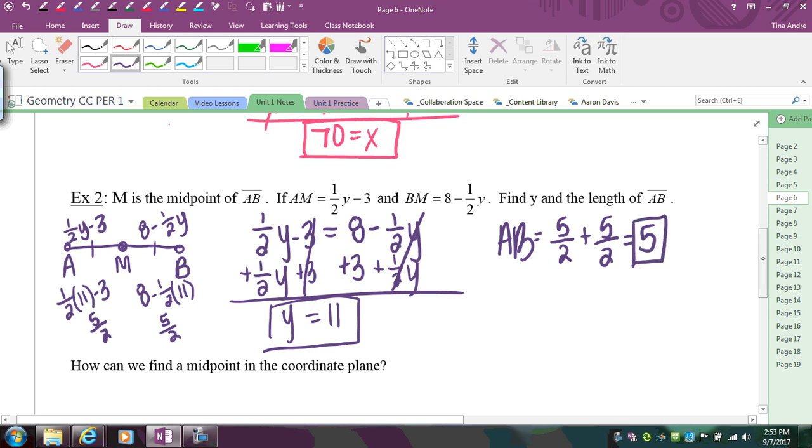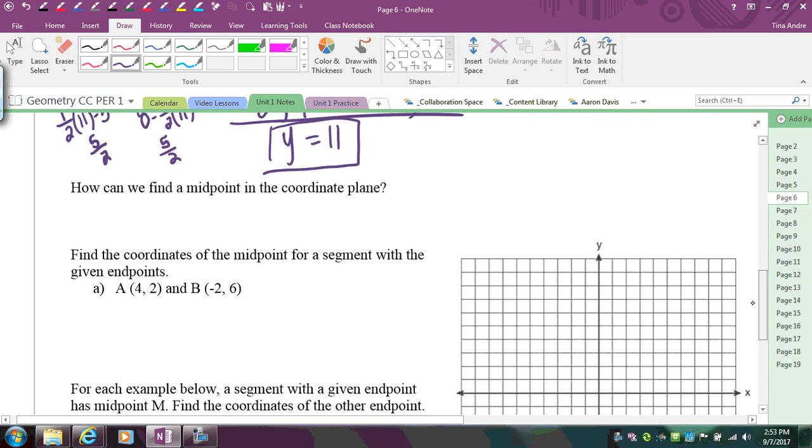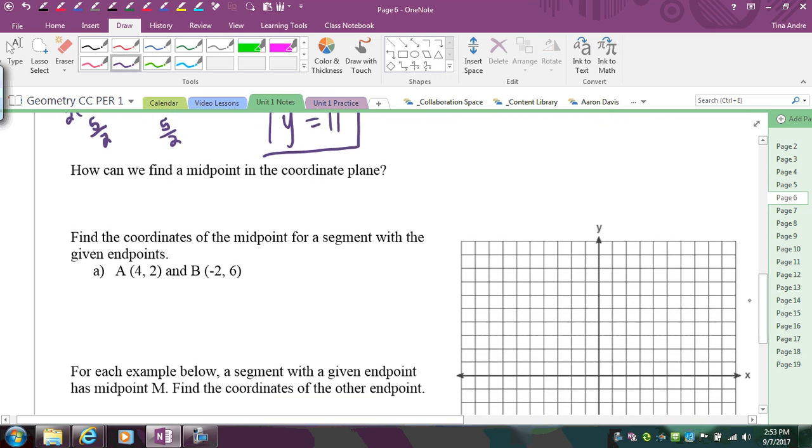So that's midpoint algebraically, dealing with algebraic expressions. The next thing is you have to be able to find midpoint on a coordinate plane. So the easiest thing to do is just to count the distance between the endpoints and divide that distance by 2, and that's how you're going to find the midpoint. So again, one way to do this is the graphical way.